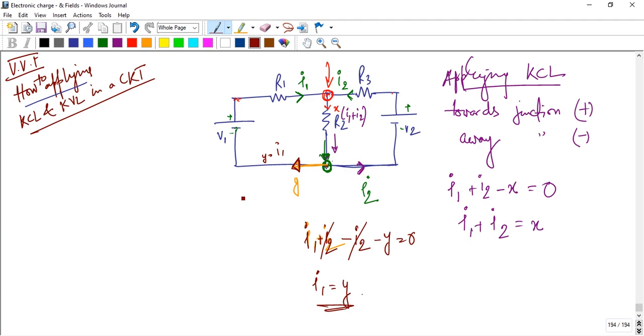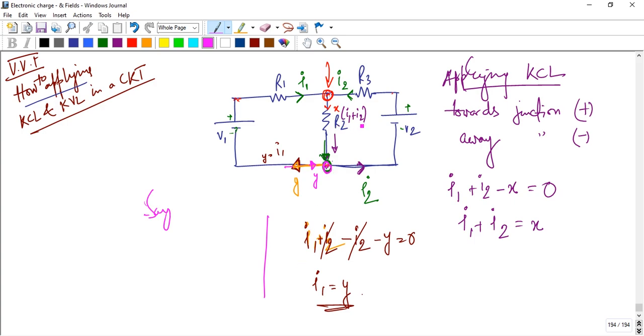Suppose you take an assumption of y in that direction. Now apply the junction rule by KCL at that junction.